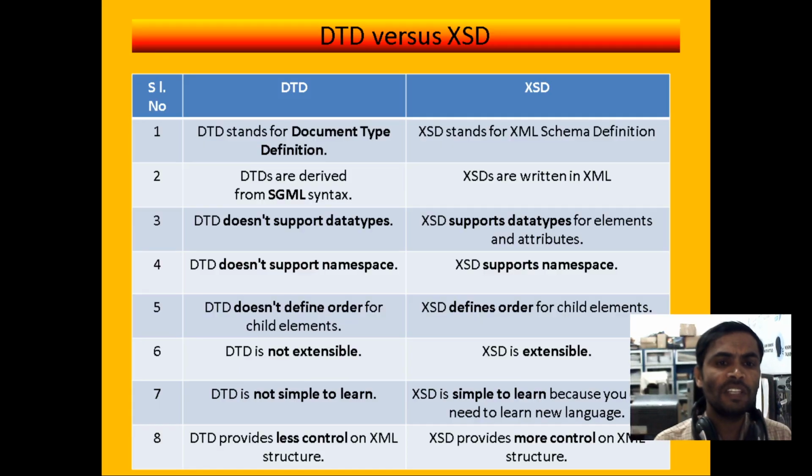Next, the difference between DTD and XML schema definition. DTD stands for document type definition. It is very important for your theory exam, maybe for 2 marks or 5 marks. XSD stands for XML schema definition.